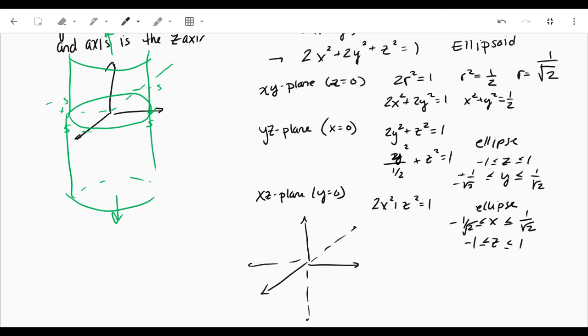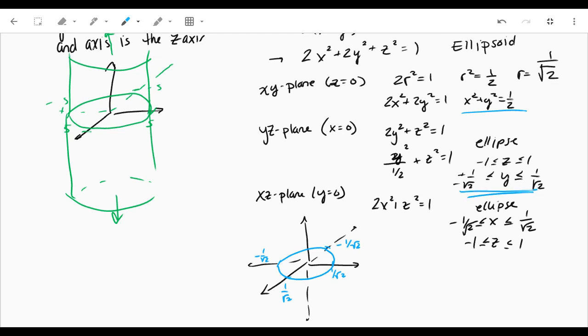Okay, so in the xy plane, okay, we want that circle with a radius of 1 over the square root of 2. Okay, and then in the other planes, it should make sense.